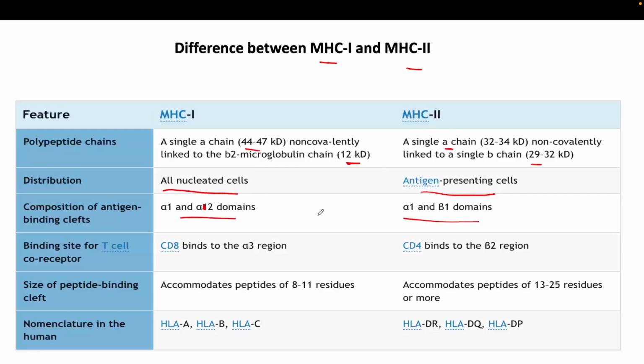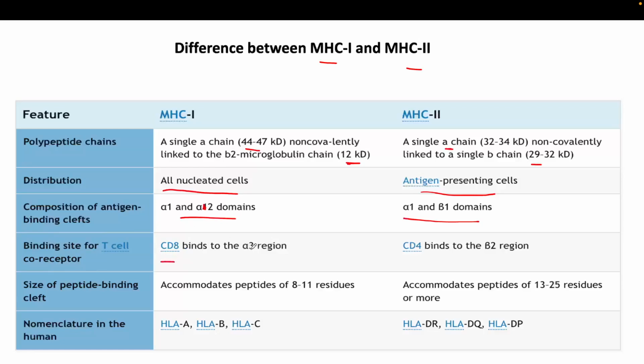These domains are highly polymorphic in nature, because they are going to interact with different kinds of antigen. And then the binding site for the T cell co-receptor: MHC1 will bind to the CD8 T cell.